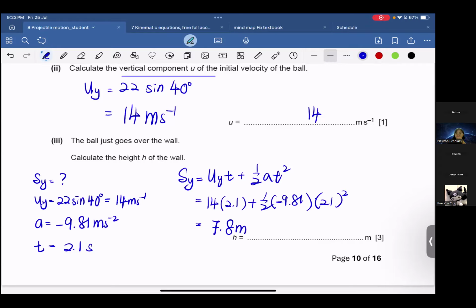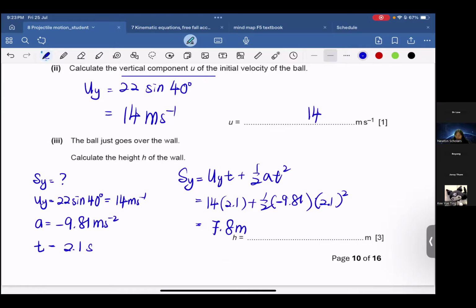Yes. That's why I say Rashini is almost there. You got 7.76, my calculator problem. 14 times 2.1 minus 9.81 times 2.1 squared divided by 2. So when 2.1, not 21, 2.1.